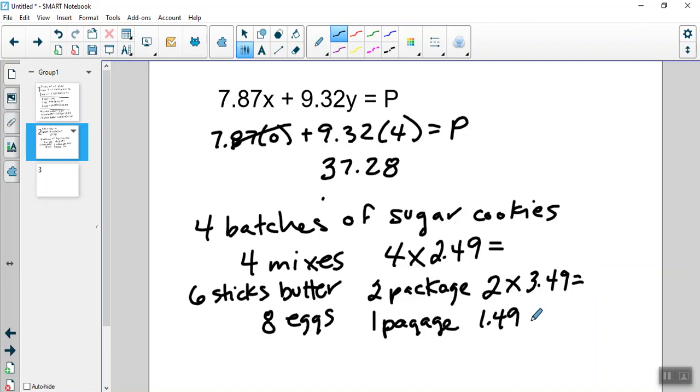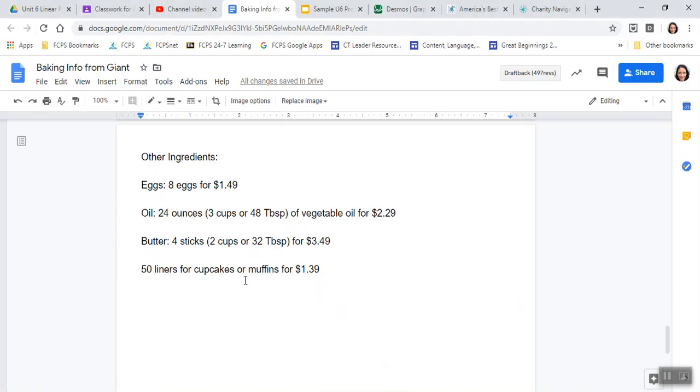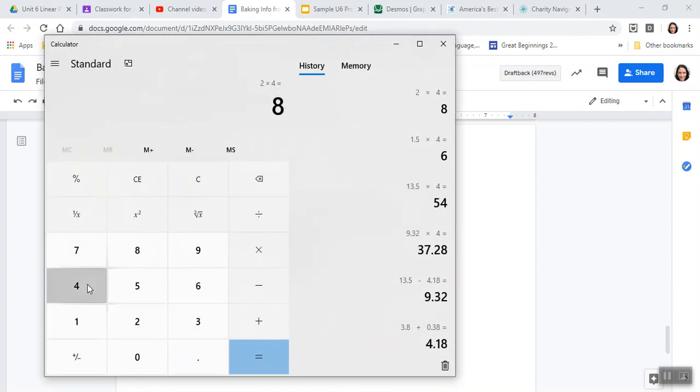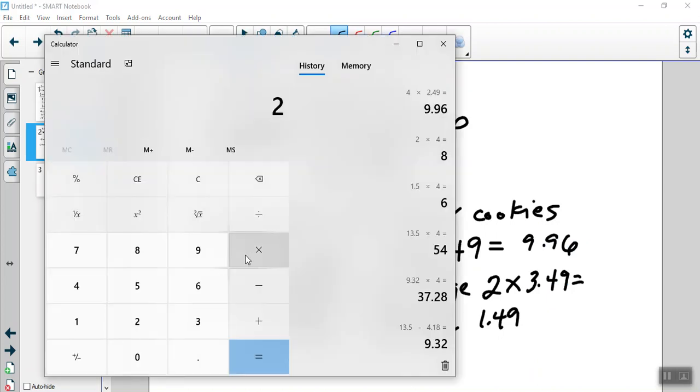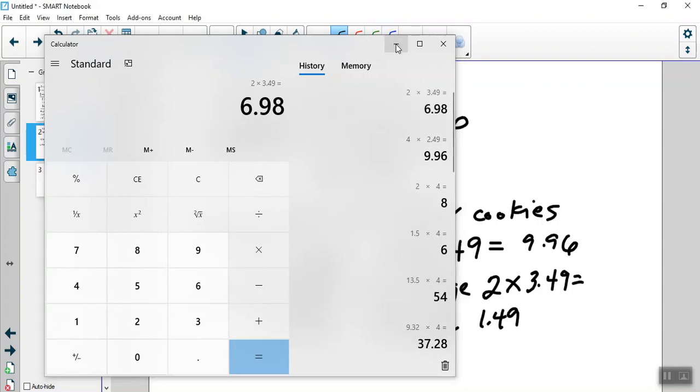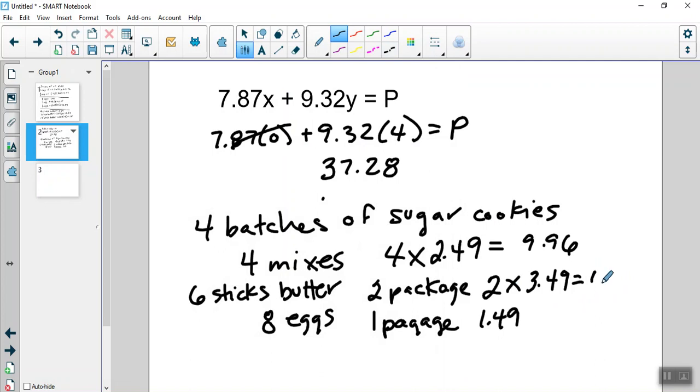Okay, so let's multiply these, and we already have $1.49 here. So I have 2 times $2.49. Sorry, 4 times $2.49. $9.96. Two times $3.49. $6.98. And I have $1.49.